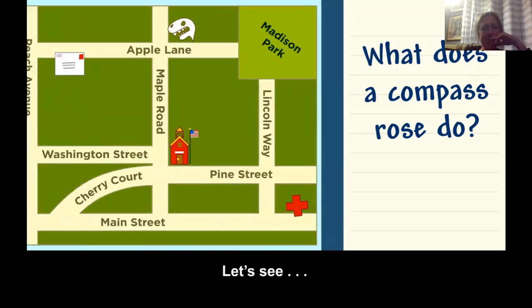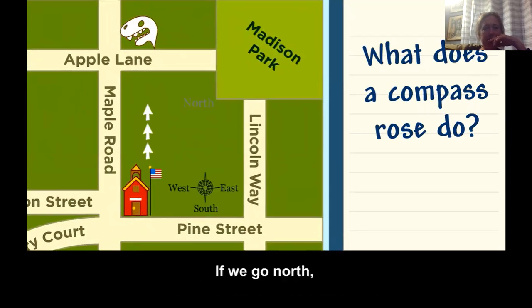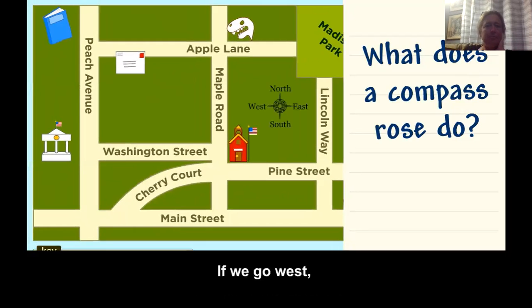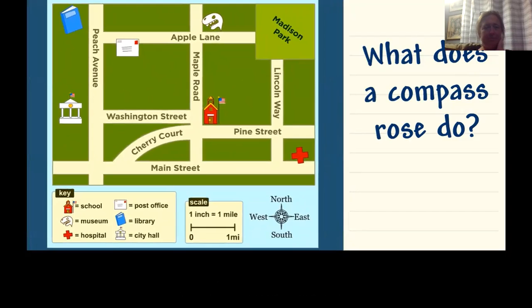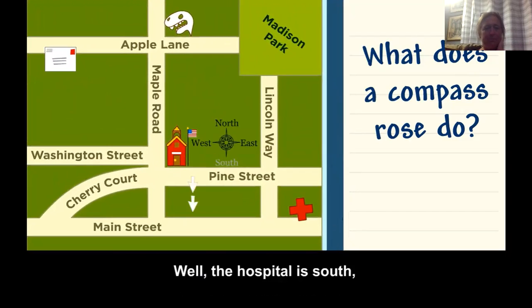Let's see. We're here at school. If we go north, we'll get to the museum. If we go west, we'll get to City Hall. Well, the hospital is south, but it's also east.